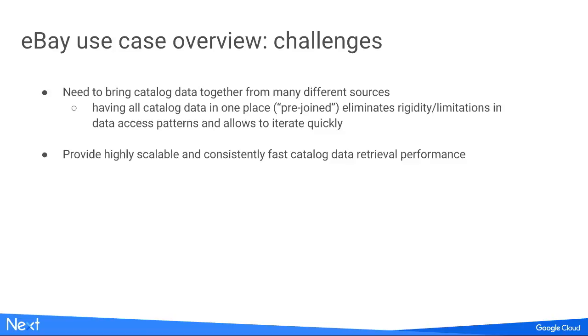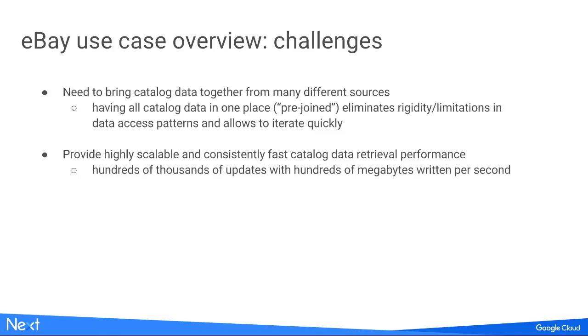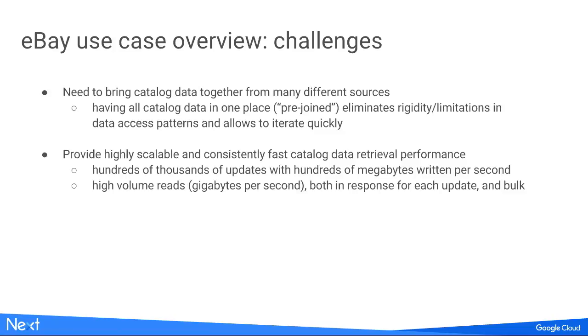So we also needed to provide a highly scalable and consistently fast way of accessing catalog data, right? We have hundreds of thousands of updates per second on catalog data, right, with hundreds of megabytes written, and very high volume reads.